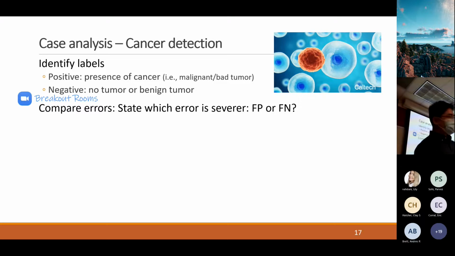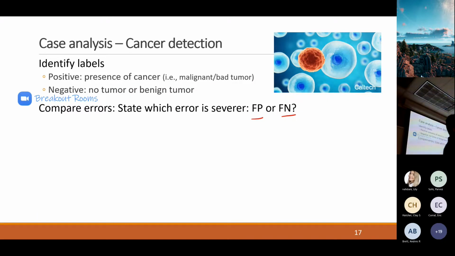Okay, so in this case, talking about the two errors, false positive and false negative, which one is worse to commit? Aruna, can you say first what is false negative?